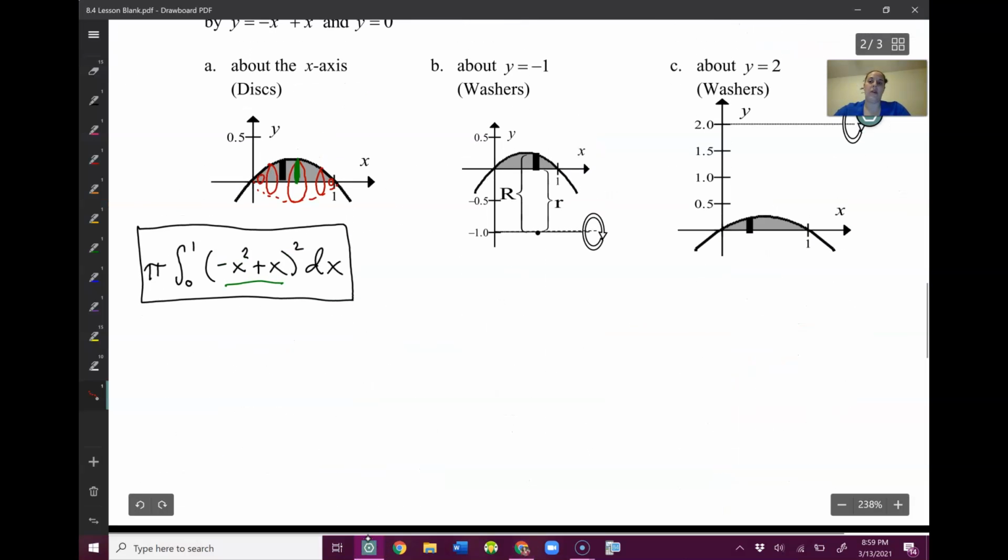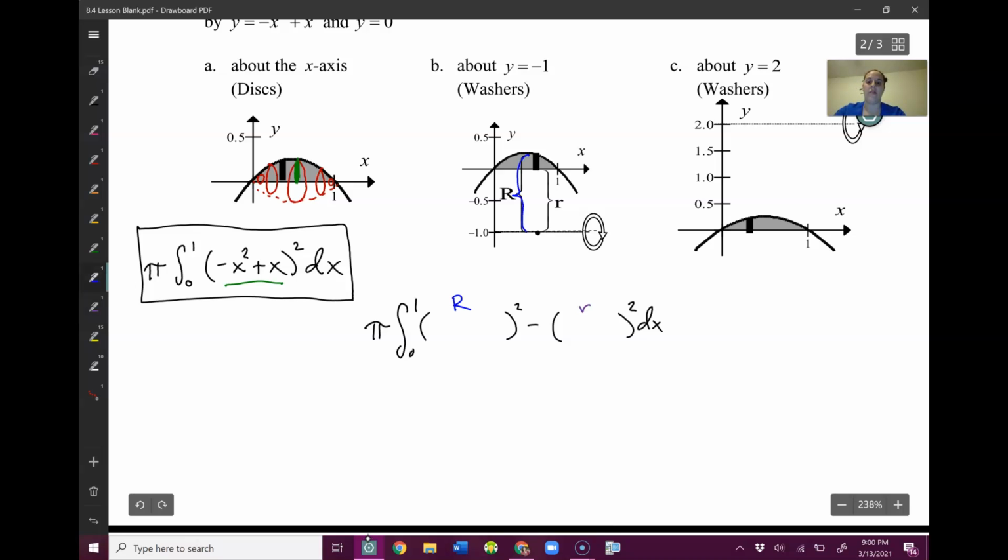So let's come here and try to set this integral up. It's still going to be from 0 to 1. I still have pi outside. But now I want big R squared minus little r squared. So let's color code this. My big R and my little r. Okay.